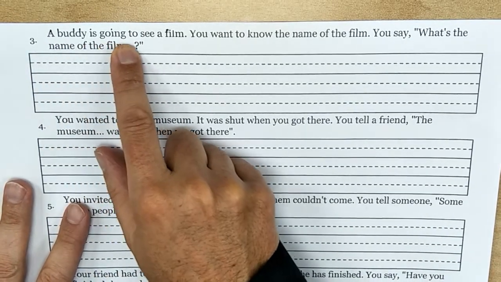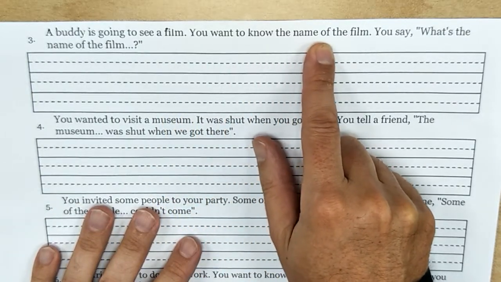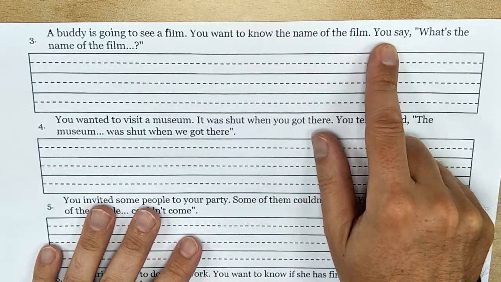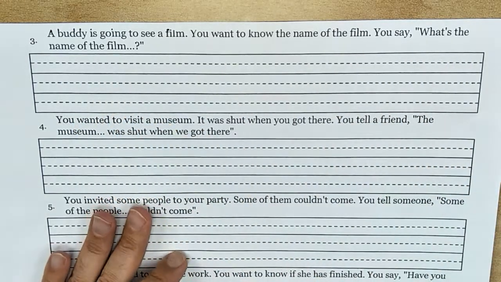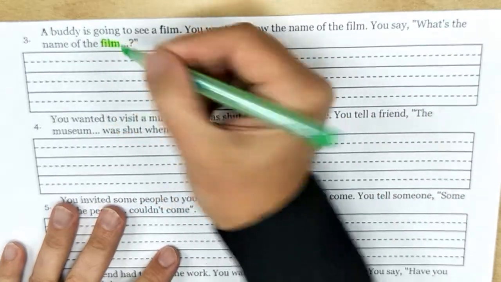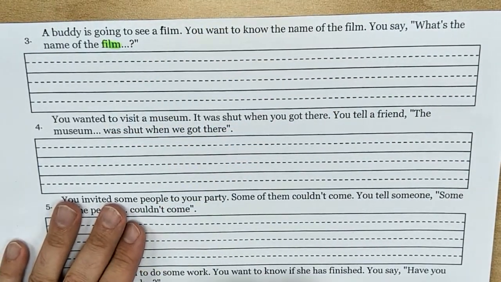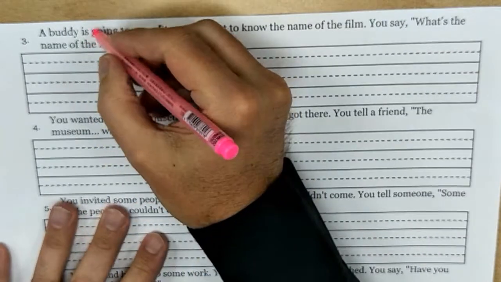A buddy is going to see a film. You want to know the name of the film. You say, what's the name of the film? Okay, well, here it is, the name of the film. So we want to describe the film. Well, you're going to go see a film, right?